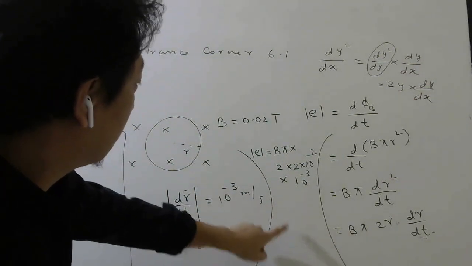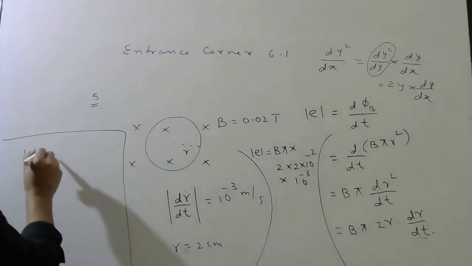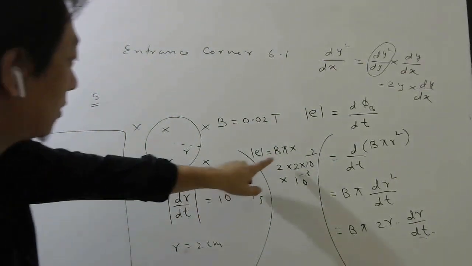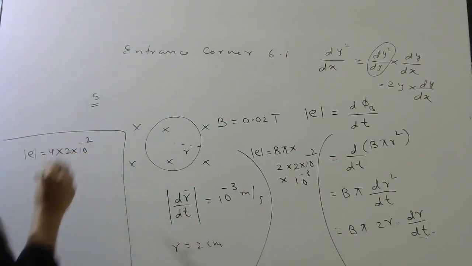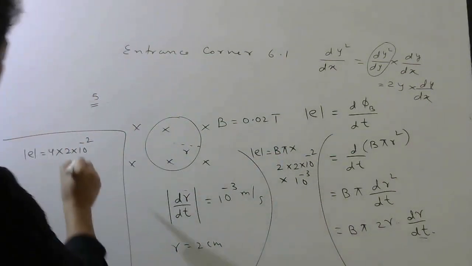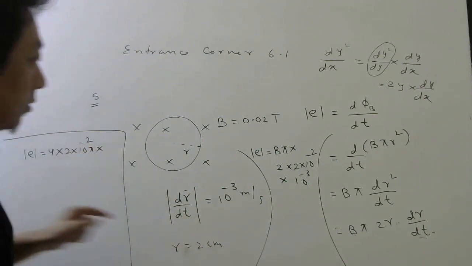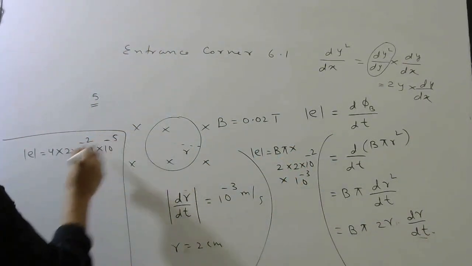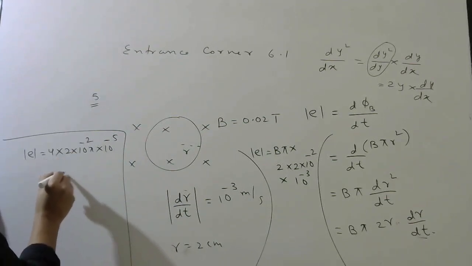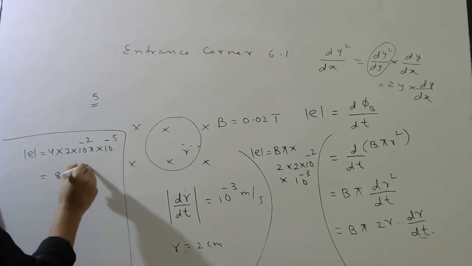Let me calculate from here. 2 into 2 is 4. B was given as 0.02, which I can write as 2 into 10 power minus 2. π is there, into 10 power minus 2 and 10 power minus 3, which will be 10 power minus 5. So 8π into 10 power minus 7 volt.